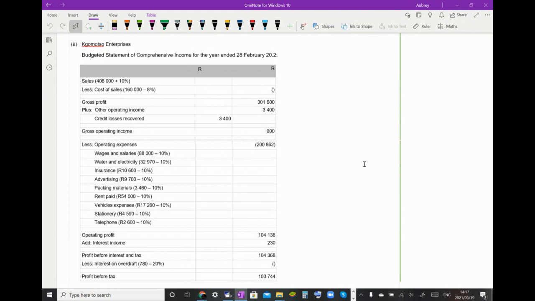Okay. Then I'm going to skip down to the required before you read that additional information. Oh, actually, we can now. Yeah. Prepare a budgeted statement of comprehensive income for the financial year ended 28 February based on the above information. Okay, what above information?